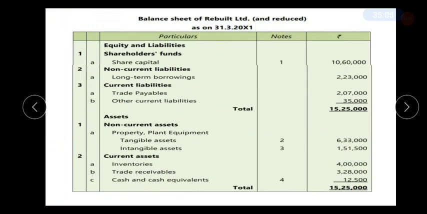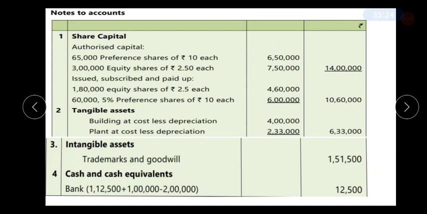A note is not required for all the items, so we keep notes for major items. A note is required for share capital, for tangible assets and intangible assets, and for cash and cash equivalents. We are using only four notes here. That's enough. The remaining things are mentioned directly.